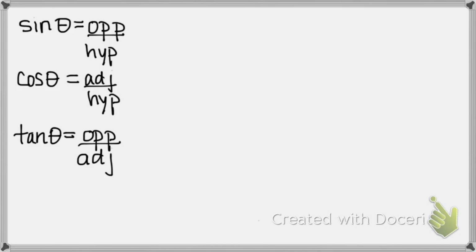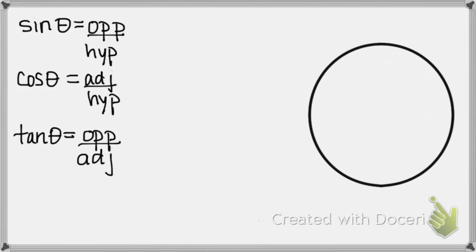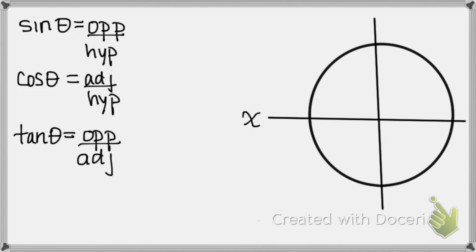Now here we have what you know from the past. This is an equation representation of SOHCAHTOA. What we're going to do with the unit circle is say that any point on a unit circle, which I have placed on an xy axis, so I've got the x-axis and the y-axis, will have an x-coordinate and a y-coordinate.